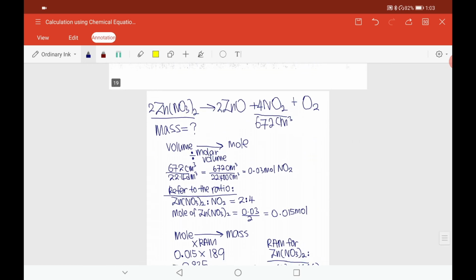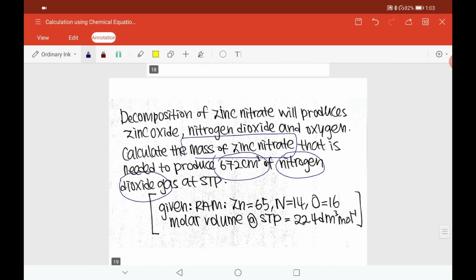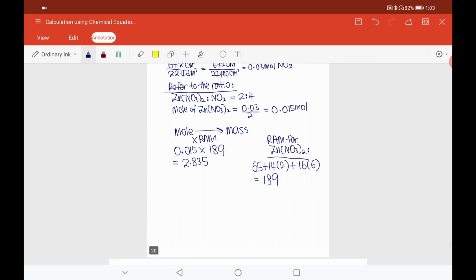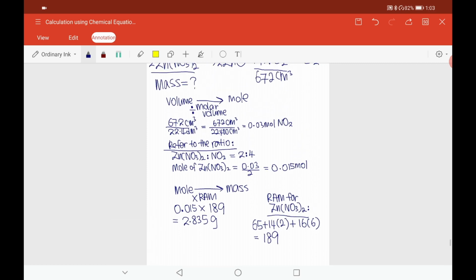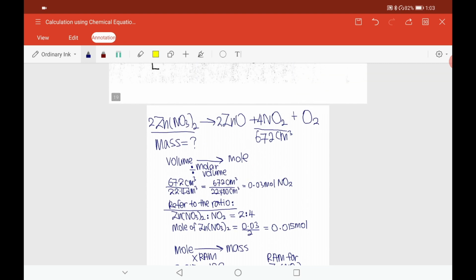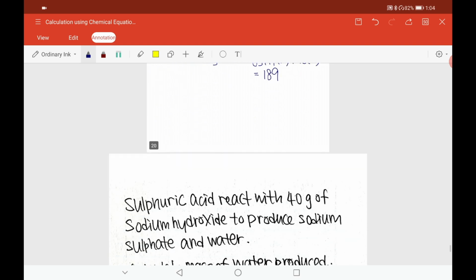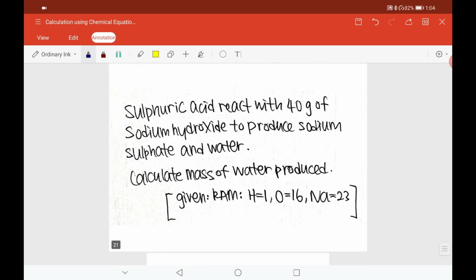Since we are looking for mass, the final unit should be in gram. So 2.835 gram. So this is how you do the step-by-step calculation. Okay, so this is the last question.